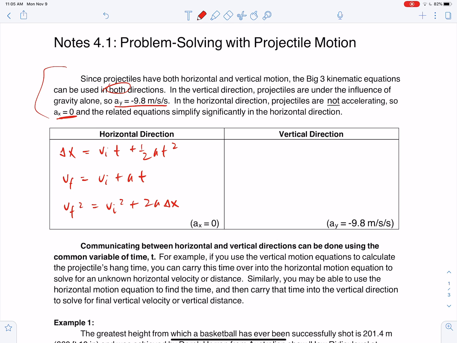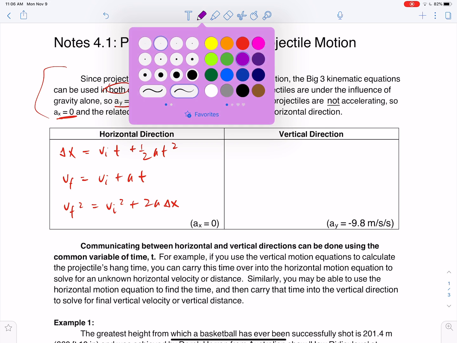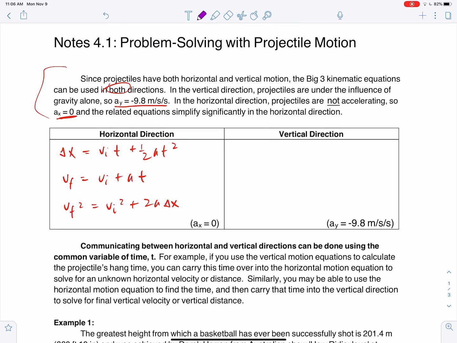Now, I'm going to add some subscripts to show that these are horizontal measurements. So when I say v initial, I mean v initial x. These are in the horizontal direction. When I say acceleration, I mean acceleration in the x direction. And the final velocity is also just in the horizontal direction.